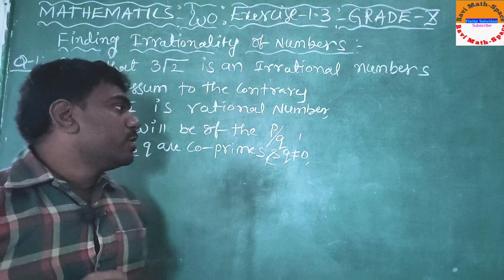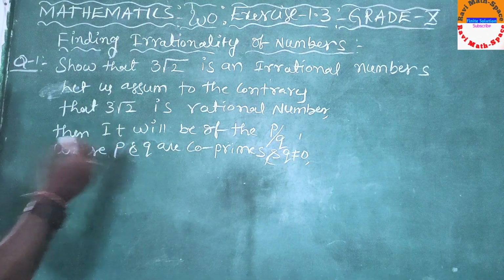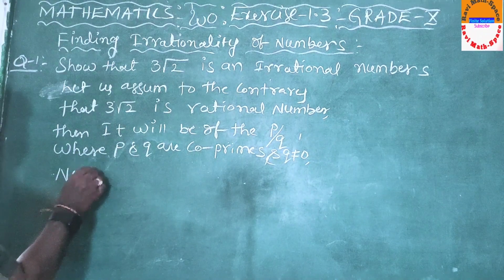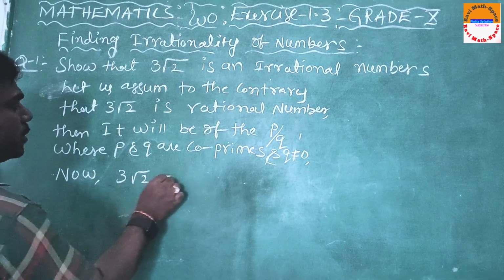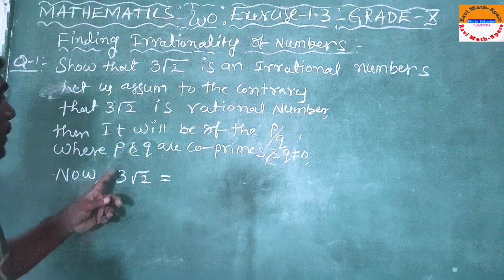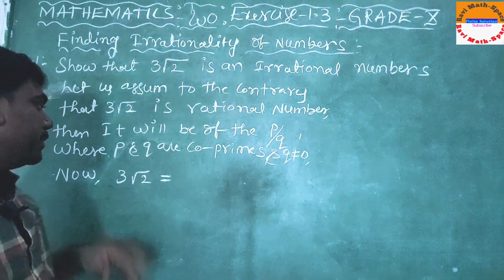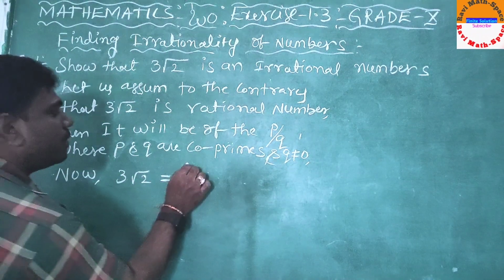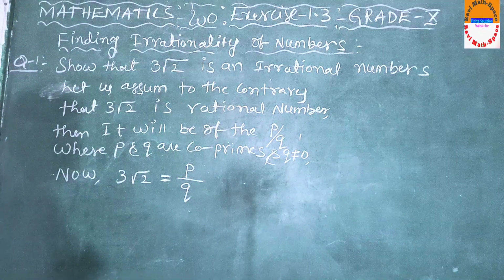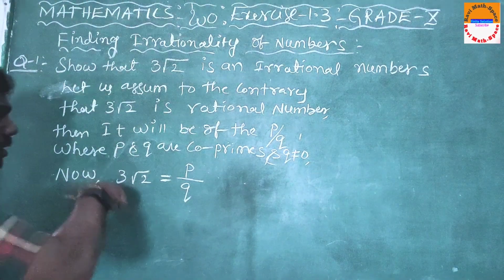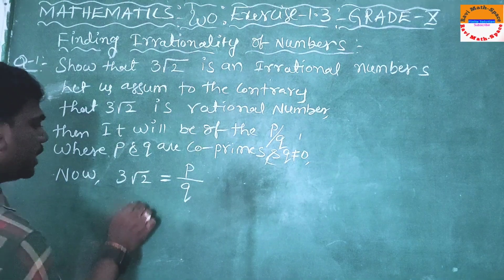Understand here? Okay. Next, now 3 root 2 equals p by q. Why? Because we assume it is a rational number, so this number should be in the form of p by q. Now this 3 you are going to transpose to this side. What are we going to get here?